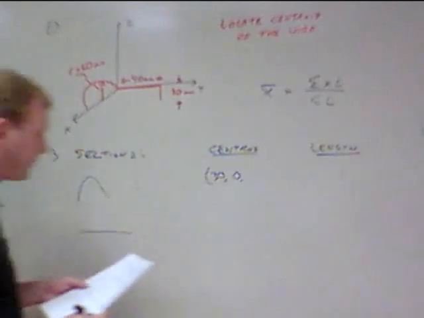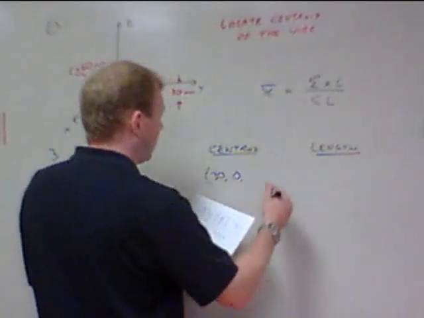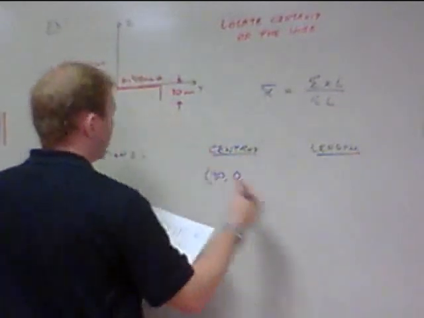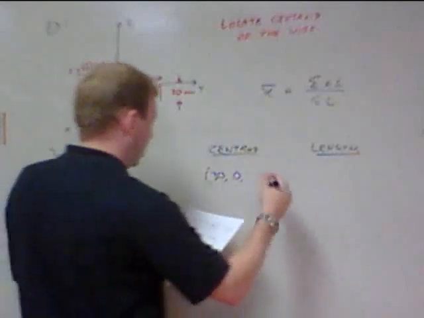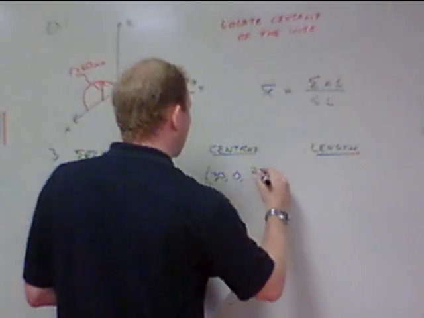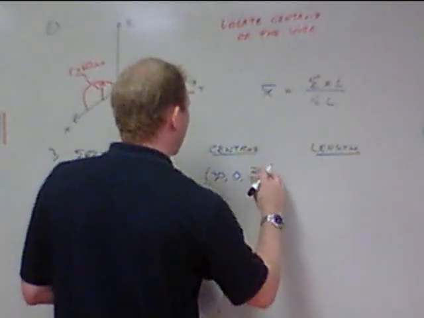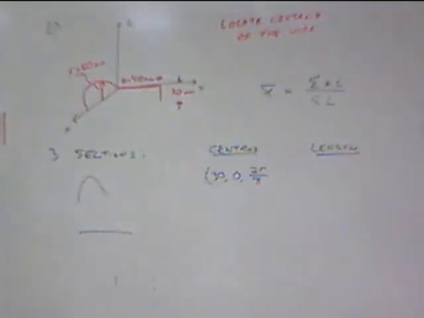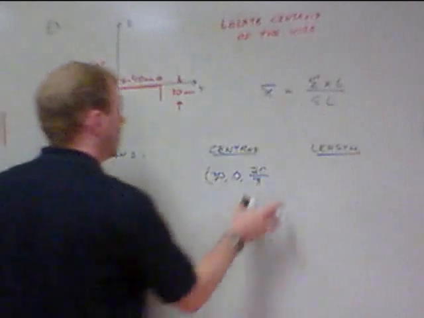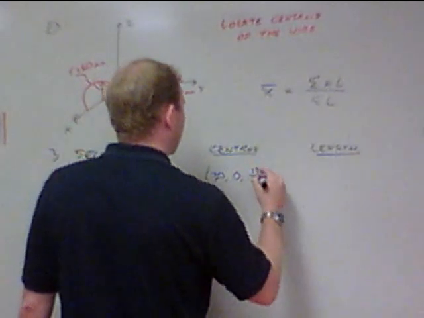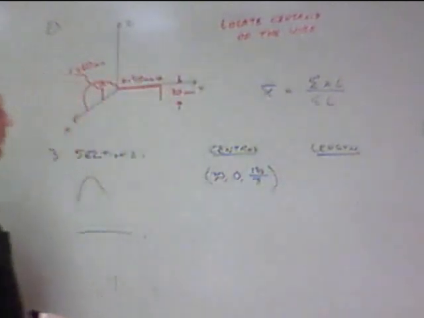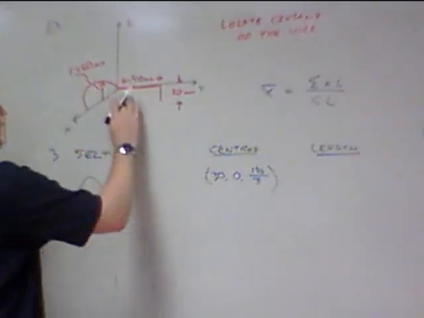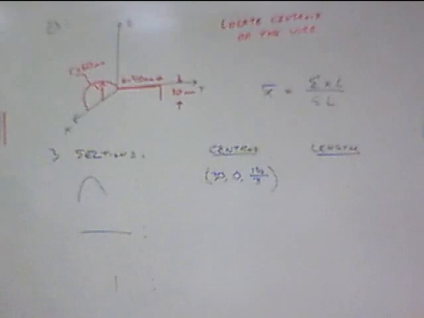Looking at that table, the z centroid sticking up here is at 2r over pi. In this case, 2r over pi is going to be 120 over pi.